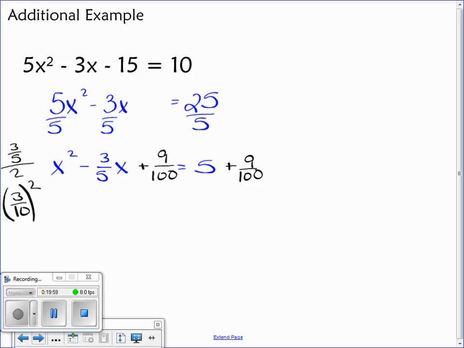All right, so how does it factor? And again, aren't we happy for our side note? It makes that way easier. Equals 509. You can't.